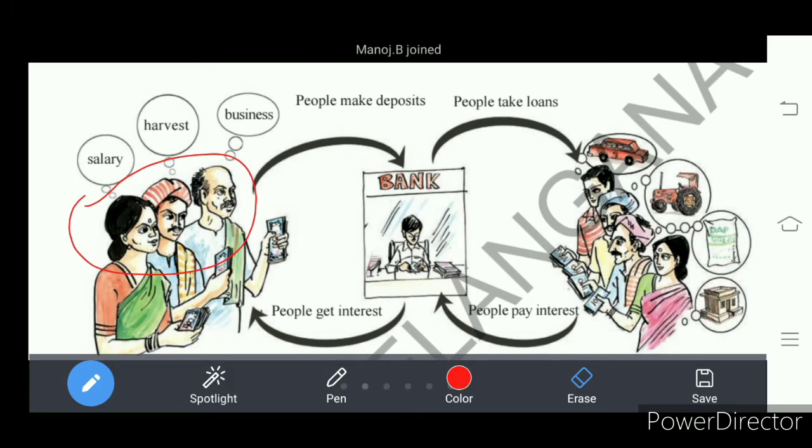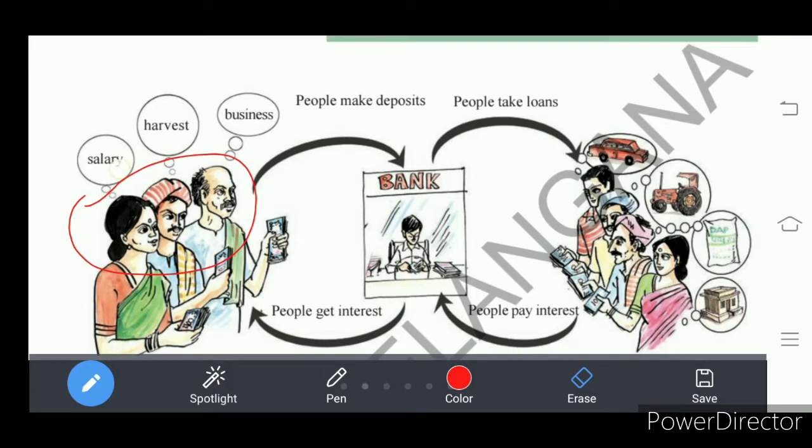So here there is a huge demand for loans for economic activities. People are involved daily in many economic activities, so they need loans. So there is a great demand for loans for various economic activities.